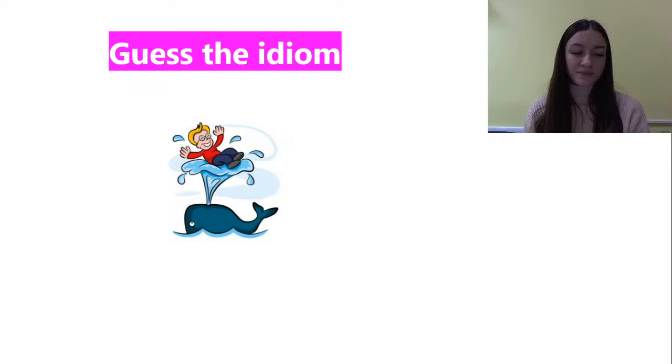Look at this one. What's the idiom? What's the phrase? He's enjoying himself a lot. This is an idiomatic expression connected with this animal that you can see in the picture.